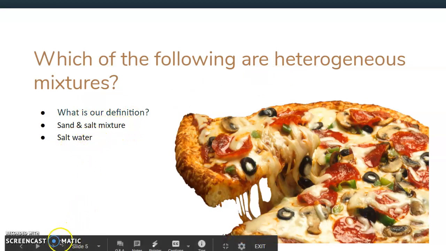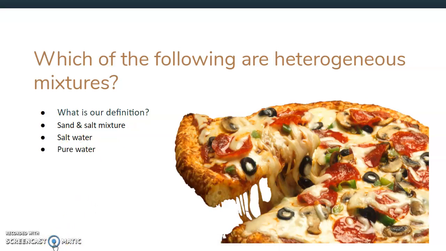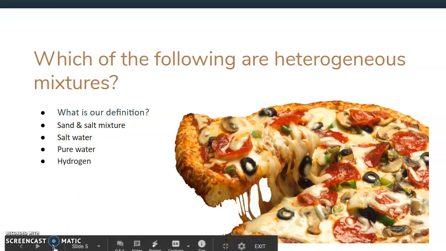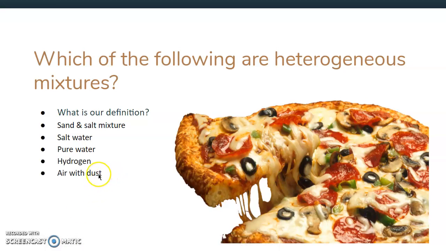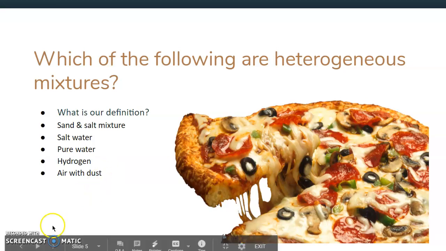Salt water is homogeneous. We just said pure water is homogeneous. Hydrogen is an element. Air with dust is a great example of a heterogeneous mixture because it often will settle in layers. An apple, another great example of a heterogeneous mixture.